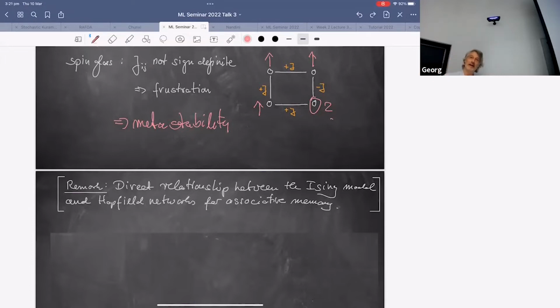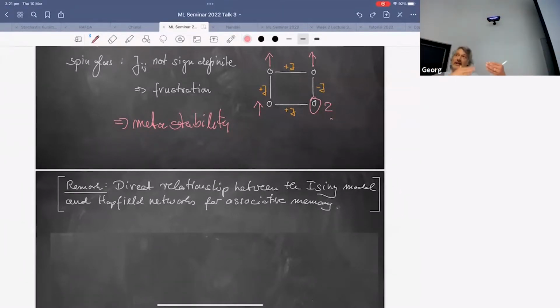So people tried to build these so-called associative memories or Hopfield networks, which are like a perceptron, the way we discussed it before. But now the weights are chosen such that you build this kind of energy landscape that looks like an Ising model, and then you just fall into those minima.